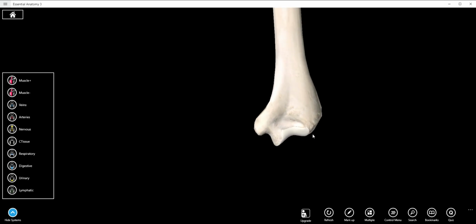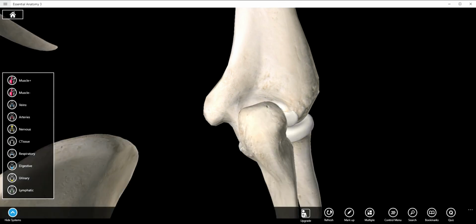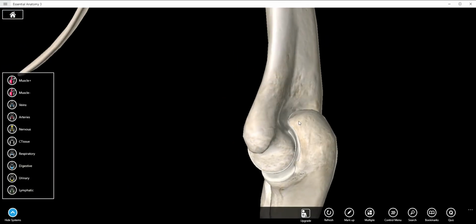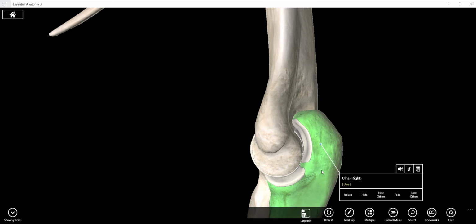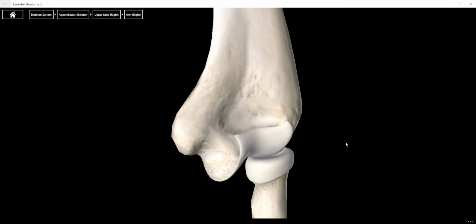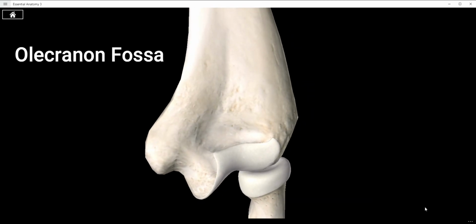Now, there's a structure on our ulna, which I'll add back in here, called our olecranon. This big hook-looking thing is our olecranon process. Now that hooks into our olecranon fossa on our humerus, right here.